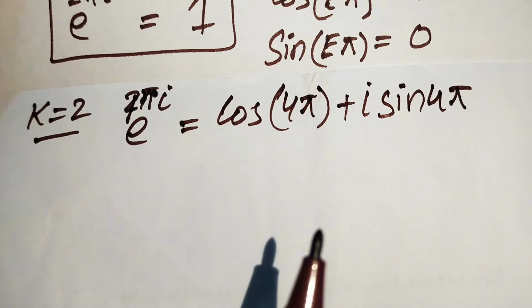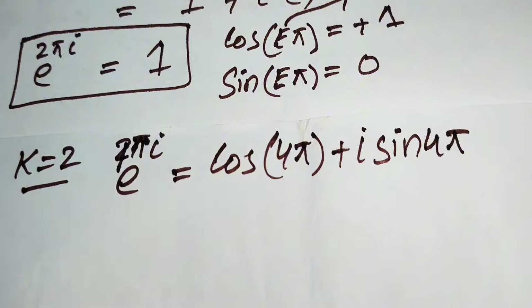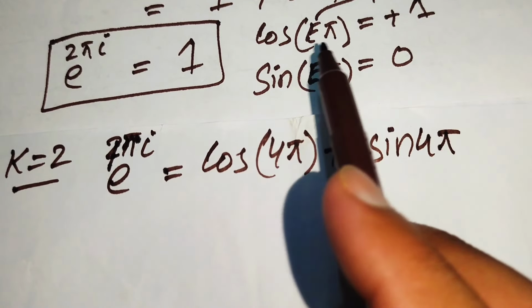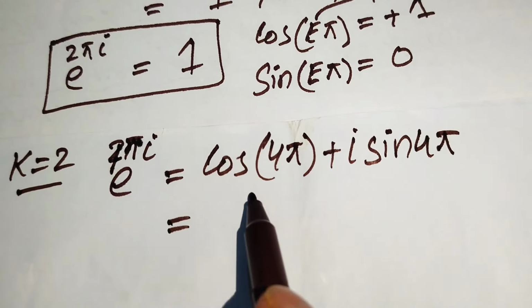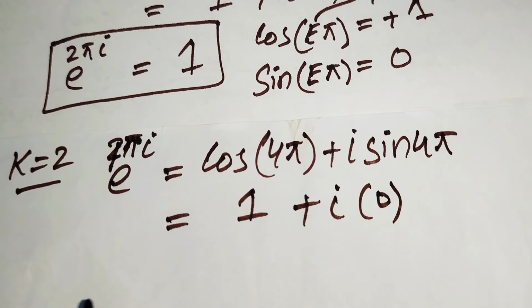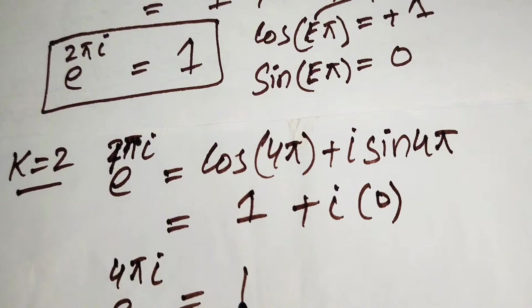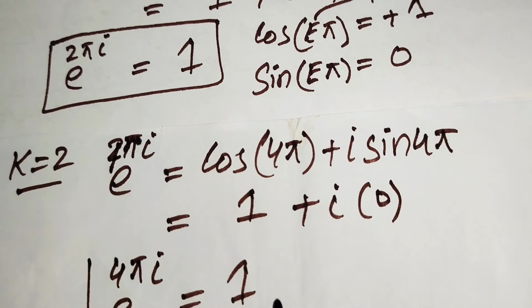Here we know the value of cos 4 pi, which we can always define: if you have cos of an even multiple of pi it becomes plus 1, and sine gives us the value 0. So we have the value of e to the power of 4 pi iota is equal to 1.